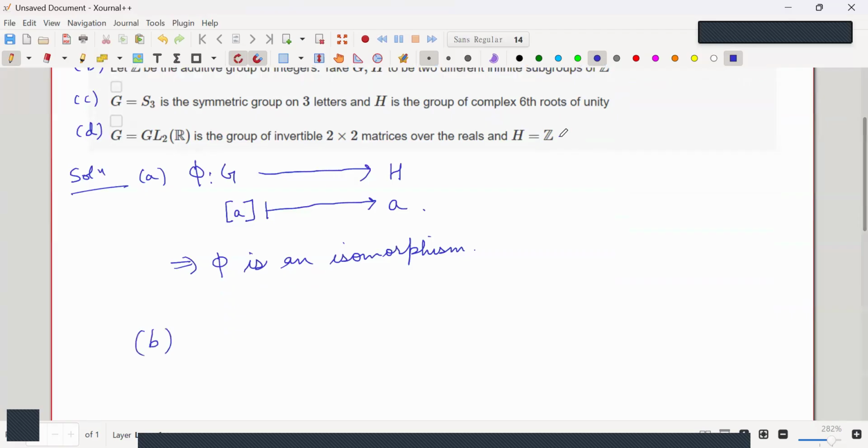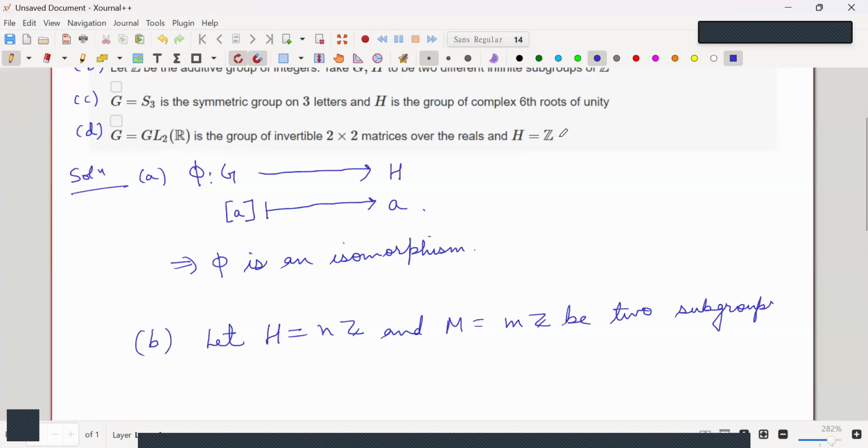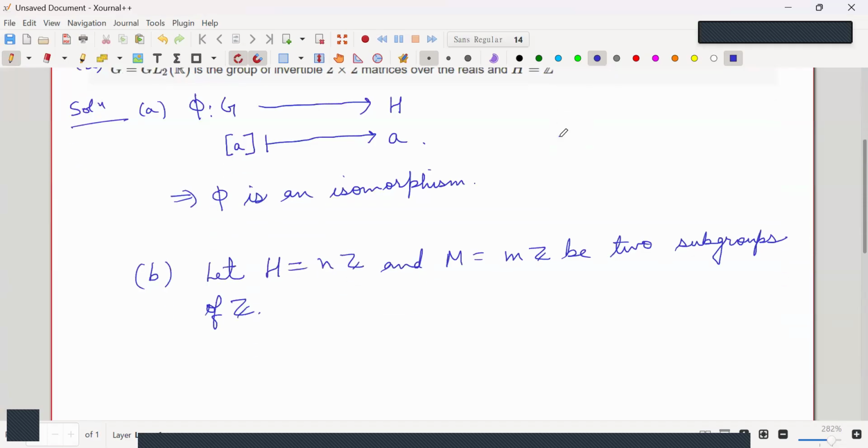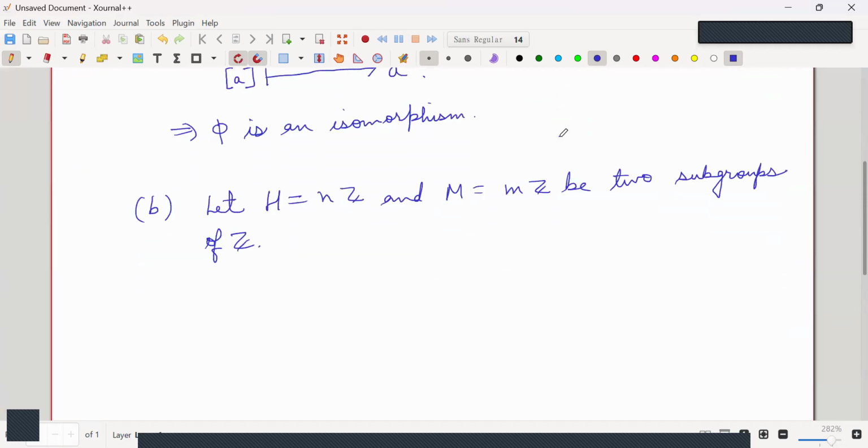G will be of the form NZ, where N belongs to Z, and H is MZ, the two subgroups of Z. Then for some element belonging to G, it will be of the form NA. Then I map it to MA.